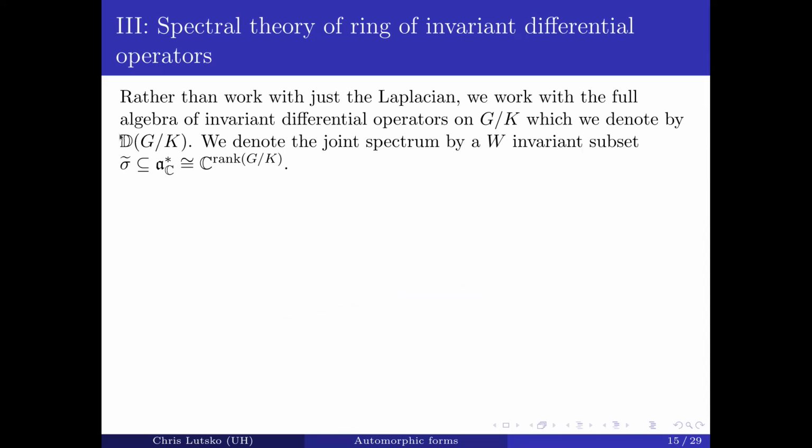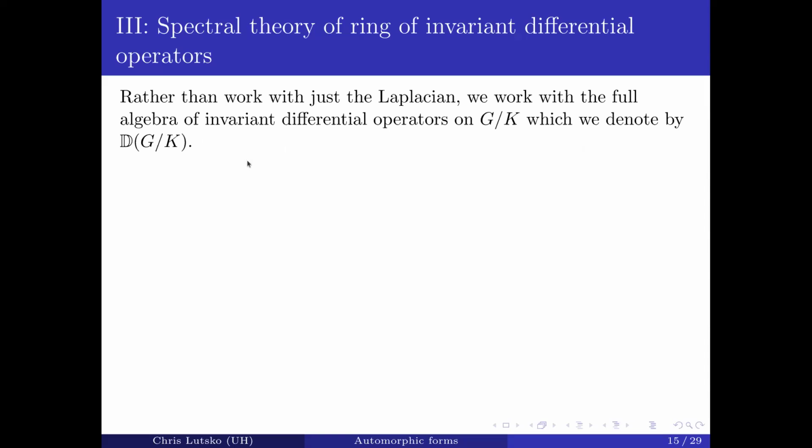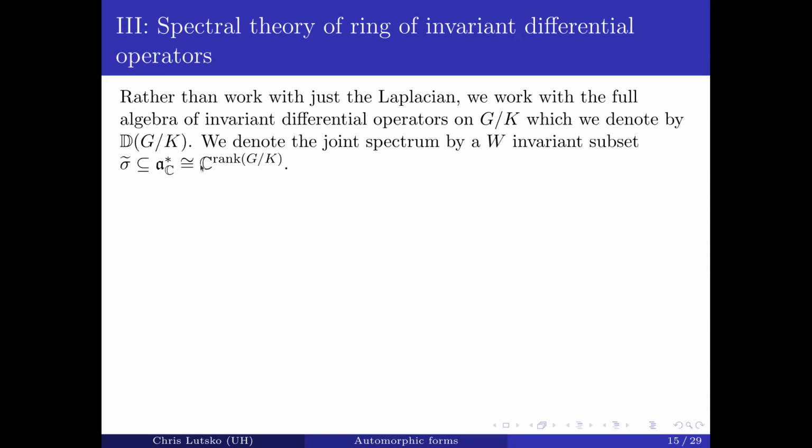But then you can construct new differential operators by taking linear combinations of the old differential operators, and you should still get an eigenfunction. And so our spectrum is now given by characters, right? Or another way to think about that is you can parameterize it by C to the rank of G/K. So before we were looking at spectral parameters living in C. Now we look at spectral parameters living in r copies of C.